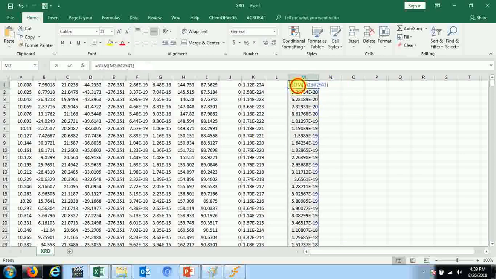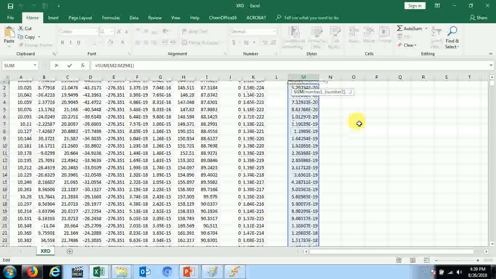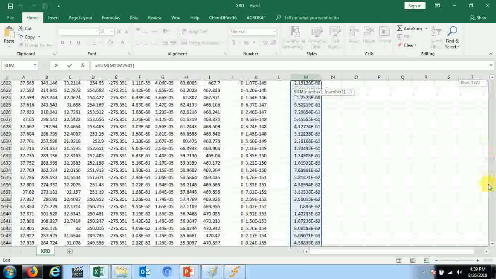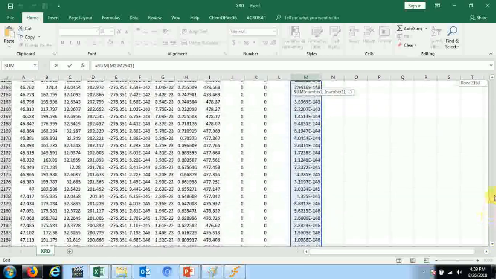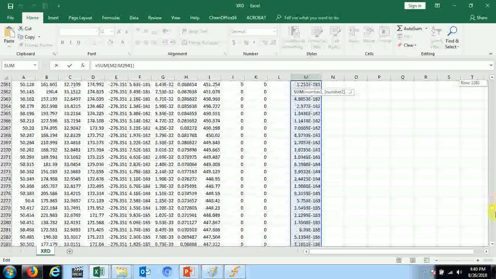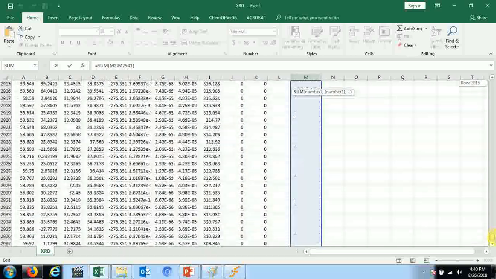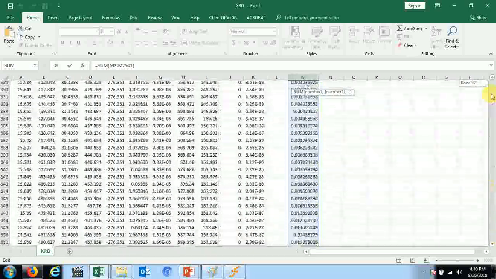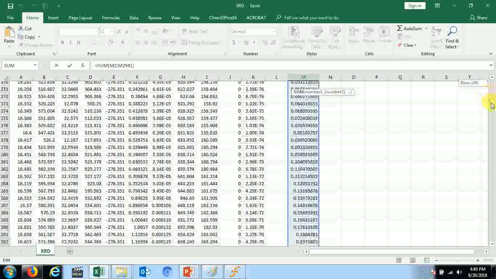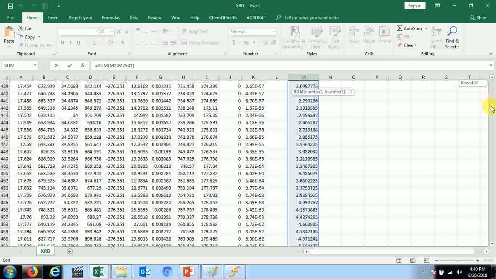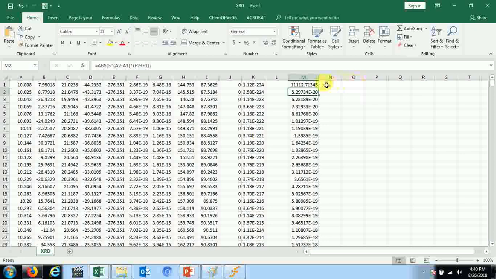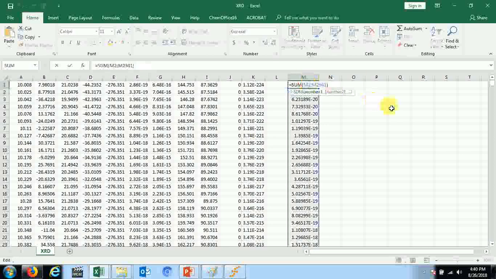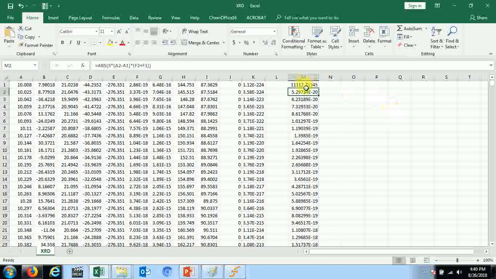This will be the area. So this is the area of the first peak.